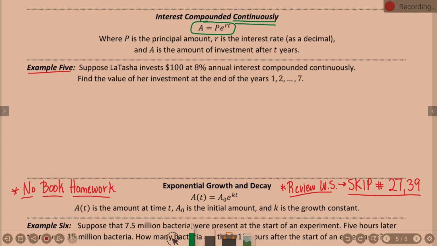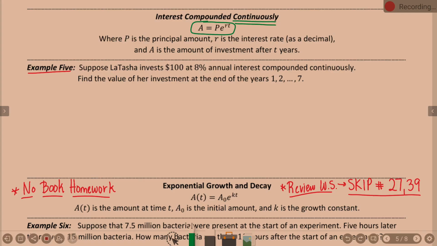Not monthly, not annually, not yearly, not daily, not hourly, continuously. When you see that specific word, it has its own formula. PERT. A equals P, which is principal, times E. E is that 2.718, and it's a button on our calculator, right? To the R times T. So interest rate times T.